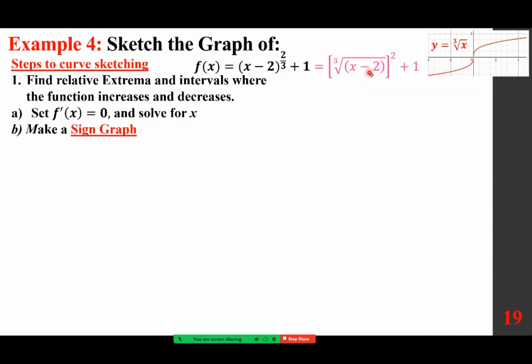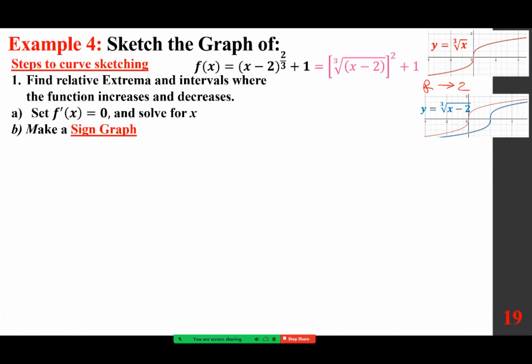Next, I'm going to use the cube root of x minus 2, which means I am going to move this graph to the right by 2 units.